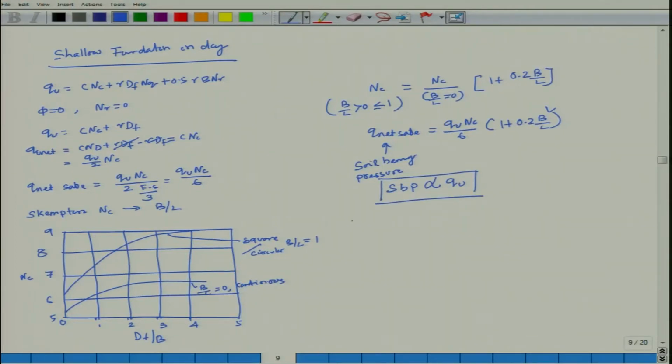So, how much is the value of NC for surface? NC for surface is equal to pi plus 2, generally it is 5.14. So, SBP is directly proportional to your QU.